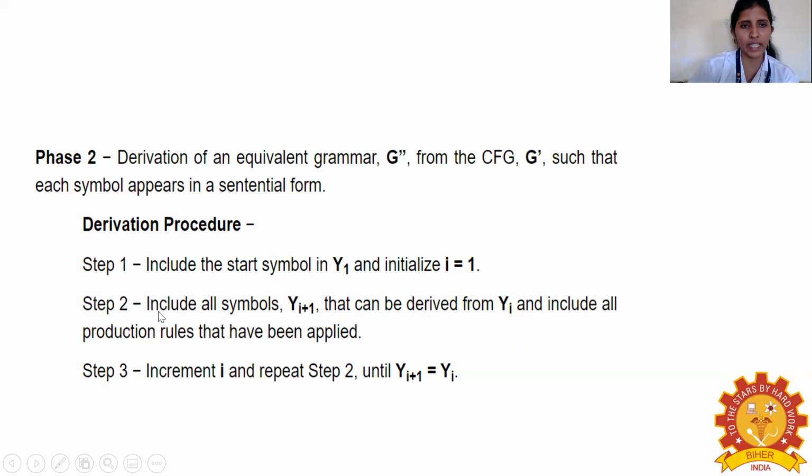In step 2, we include all the symbols y(i+1) that can be derived from yi and include all the production rules that have been applied. In step 3, we increment i and repeat step 2 until y(i+1) is equal to yi.